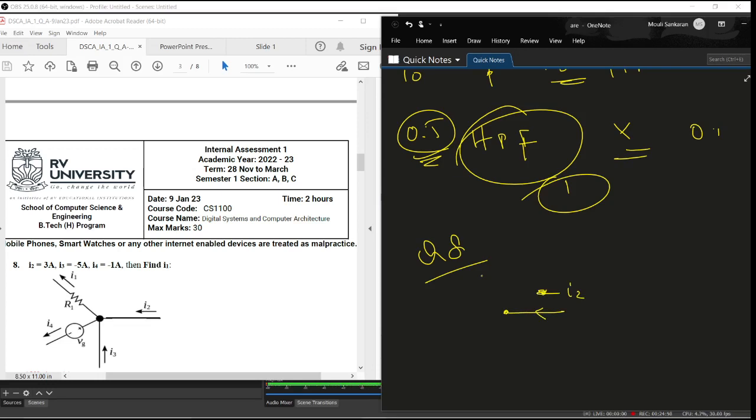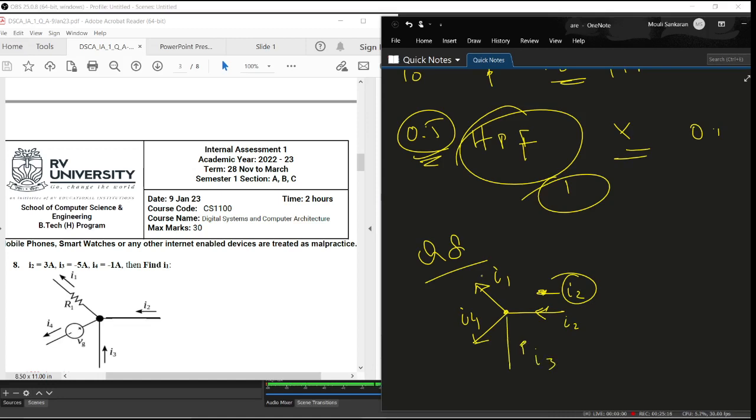Either you show the arrow outside this wire, or on the wire, both are the same current. So I2 is coming in. Okay, and then don't bother about the resistor. I1 is going out, and then don't bother about the voltage source, because I am showing you the current, then we can see that I4 is going out, then some I3 is coming.